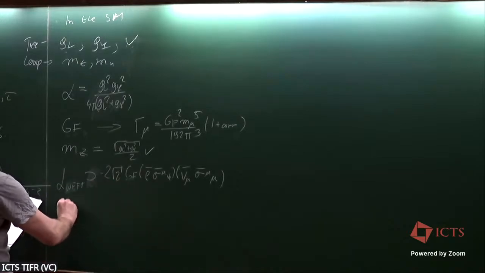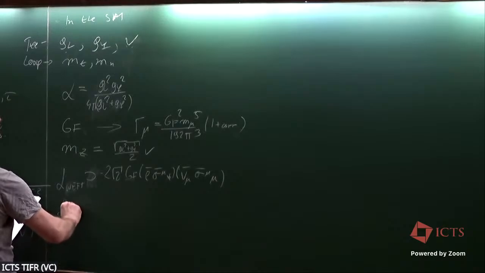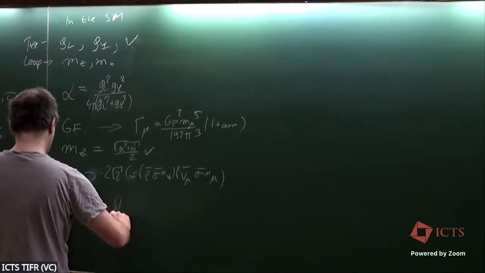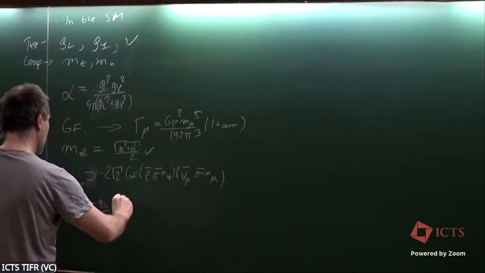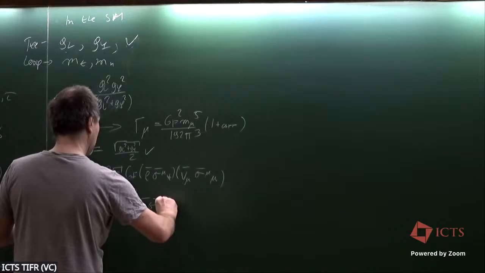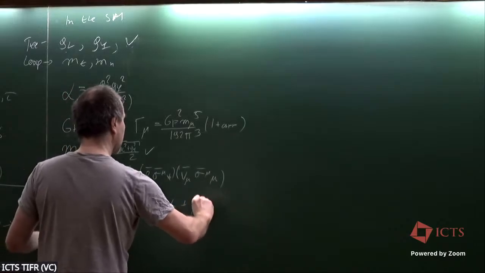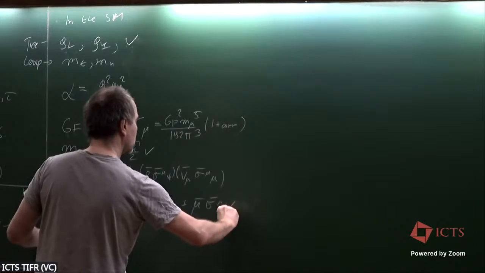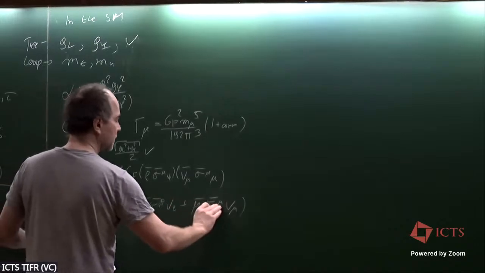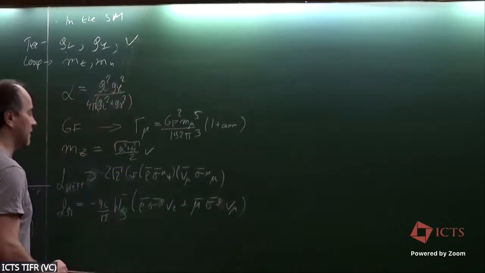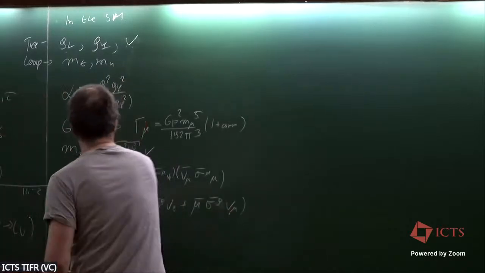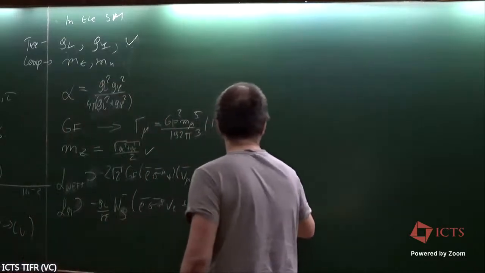If you start in the standard model, you will have an interaction of the W boson with the lepton currents, plus the Hermitian conjugate of this operator. Sorry, maybe there is a clash between the muon particle and the mu index, so let me write it like that. This also contains the W mass.